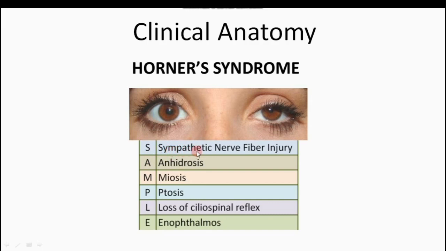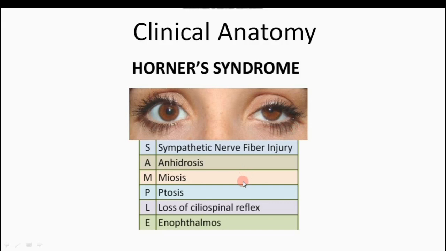There is injury in the sympathetic nerve fiber. Clear? S stands for sympathetic nerve fiber injury. So it results in anhidrosis. Anhidrosis is the loss of sweating on that side of the face.